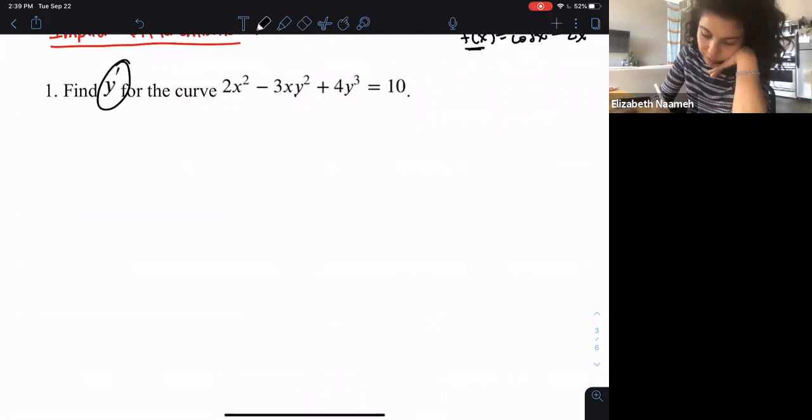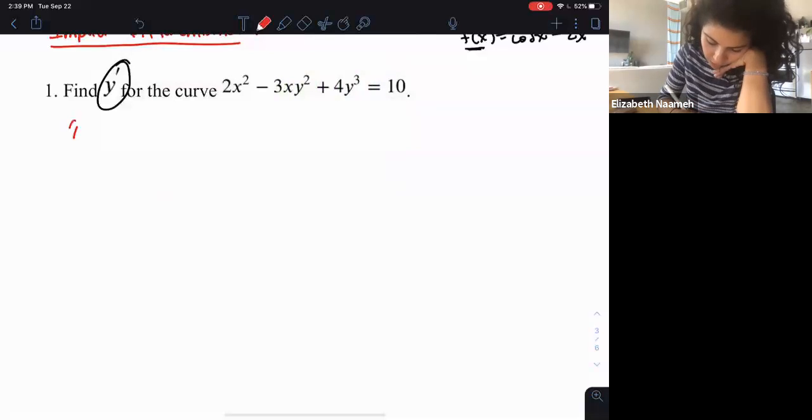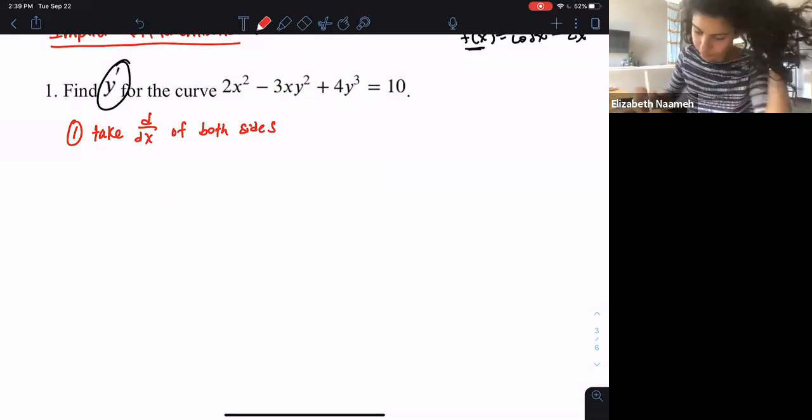So let's take the derivative of everything. I'm going to show you the steps. Step 1 for implicit differentiation: take d dx of both sides. That just means the derivative with respect to x.